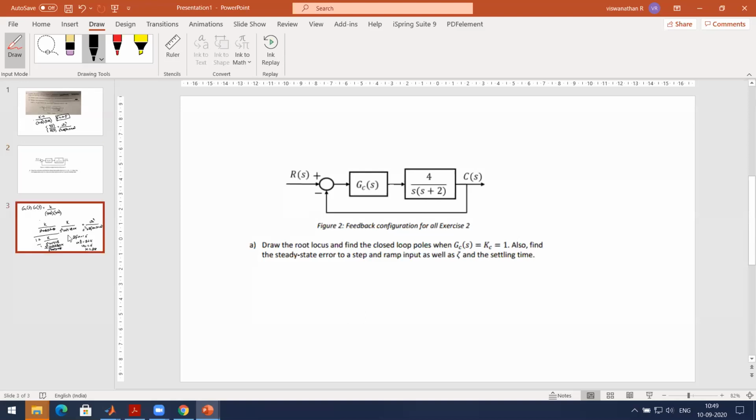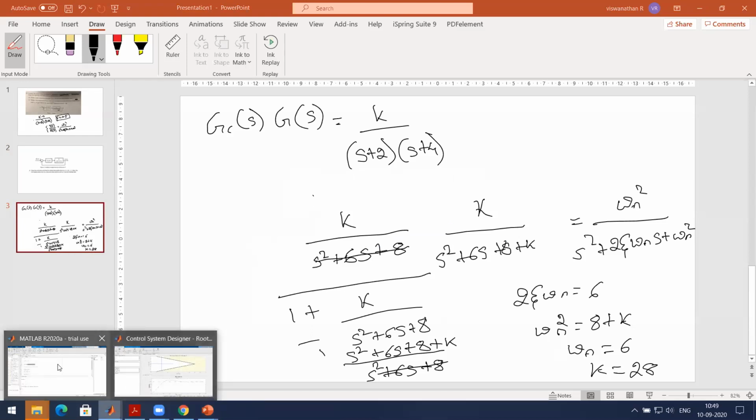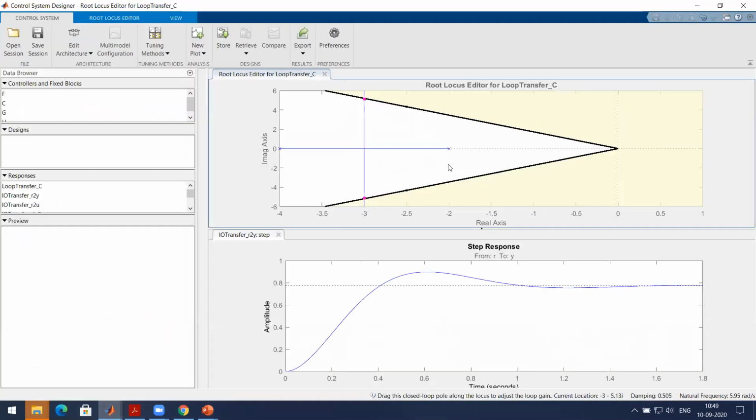Remember, when you do the calculations, you take the closed loop transfer function. But when you give it in MATLAB for the control system designer, you just give the open loop transfer function. That will convert into a closed loop and give you the result like this.